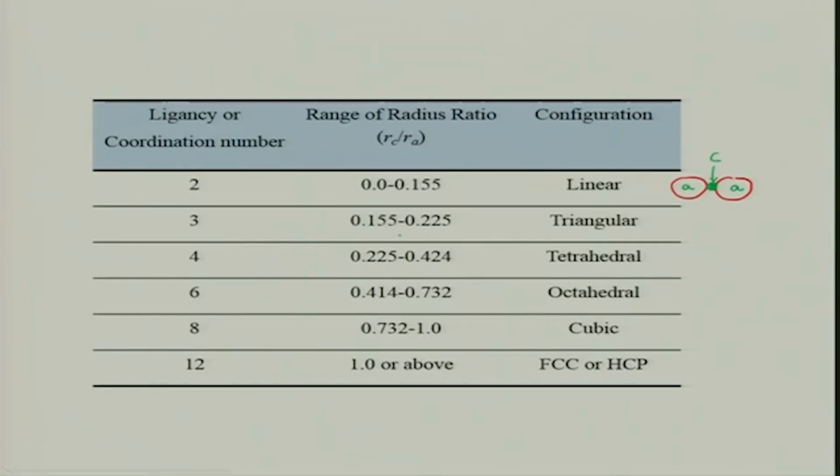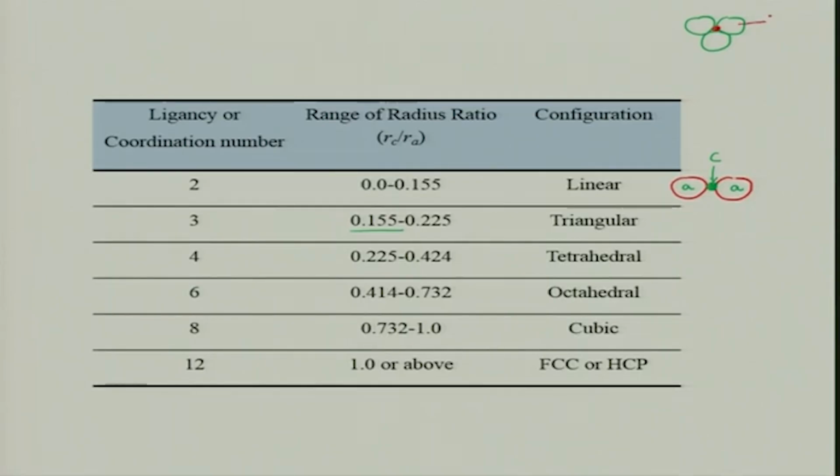Triangular void is something which is more than 0.155, and 0.155 is actually the lowest limit of triangular void. So, if you look at the ideal triangular void, it is going to be something like this, and this is the size of atom that will fit inside without displacing these atoms.